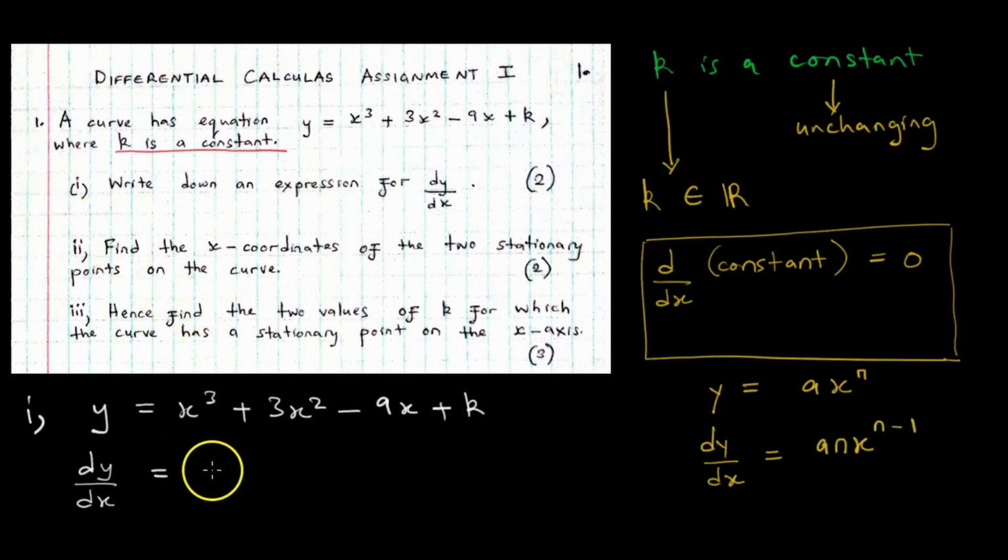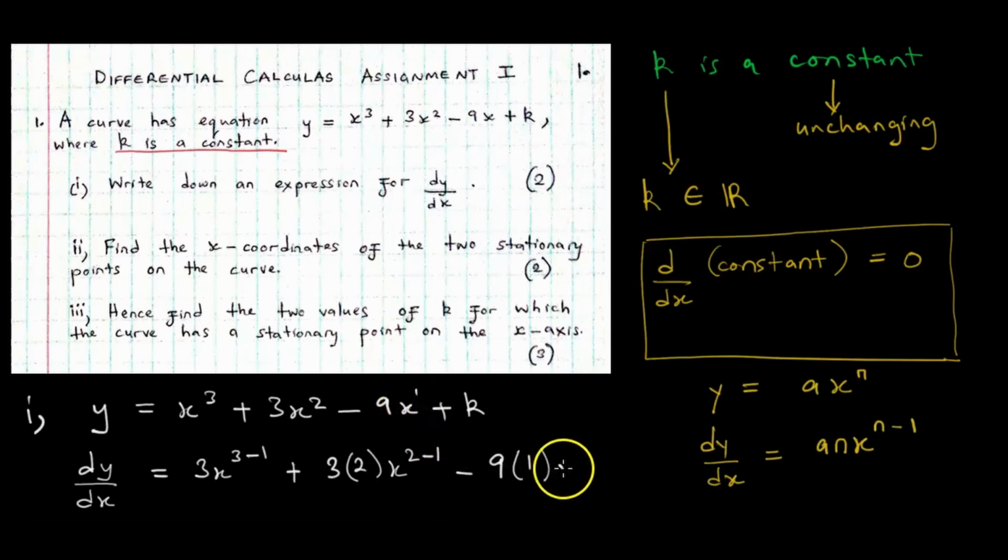Saka 3 anodonha yova 3x, then 3 wacho subtract 1 na 1, plus the same happens apo 3 multiplying 2 adonha x to the power 2 minus 1, and minus 9, and apa pana 1, remember, saka 1 akadonha, it's times 1, then x to the power 1 minus 1, like that.